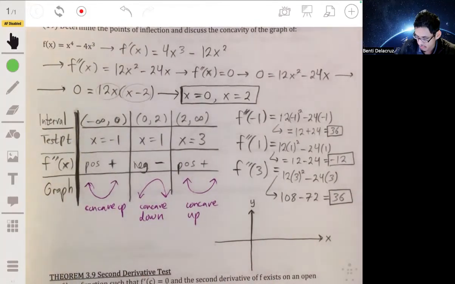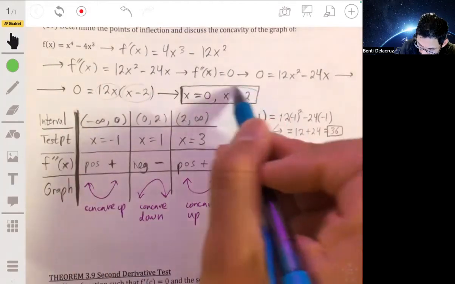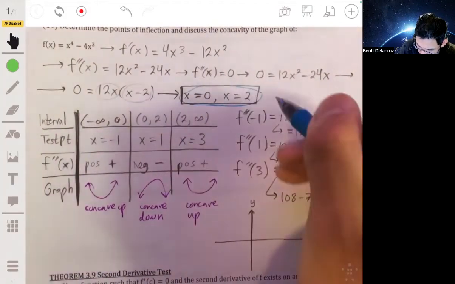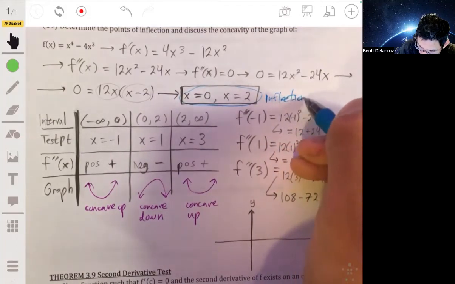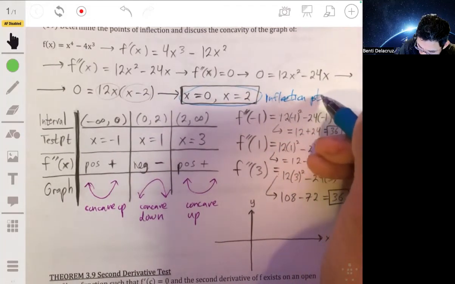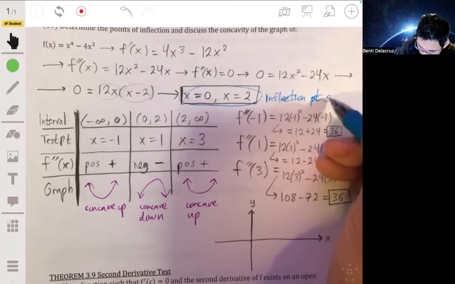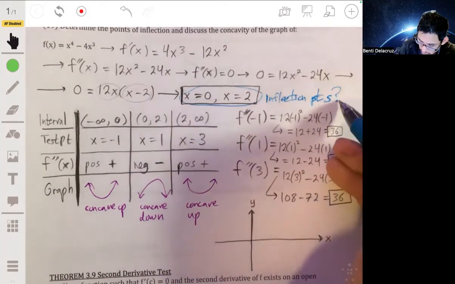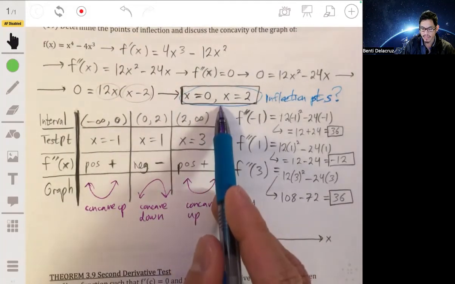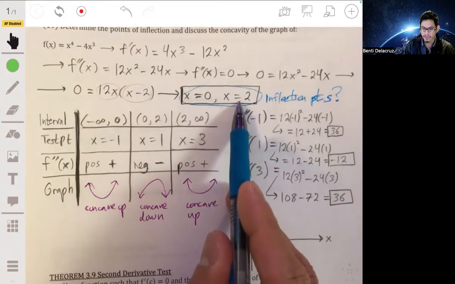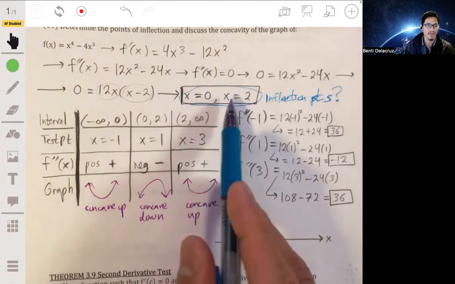So let me actually do this. These are where the inflection points are. When you first start, ask: are there inflection points here? If you look at x equals 0 and x equals 2, you want to see what's going on before and between them.